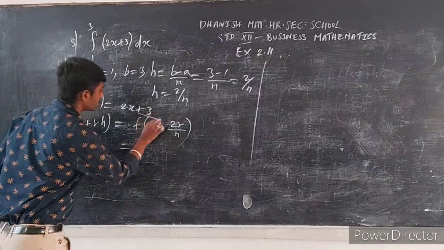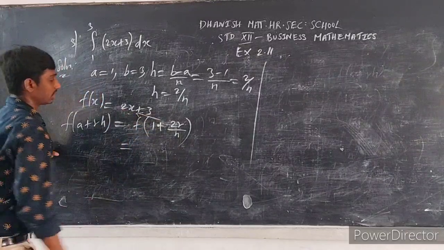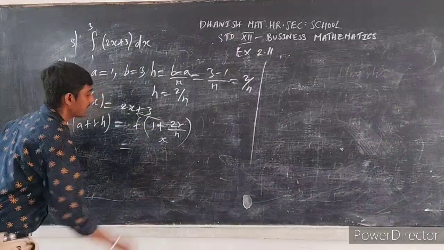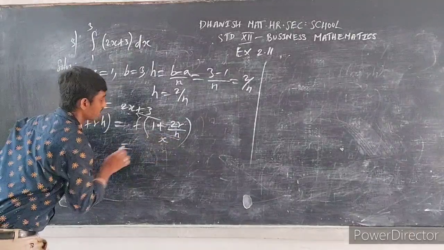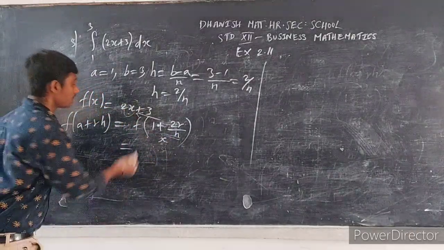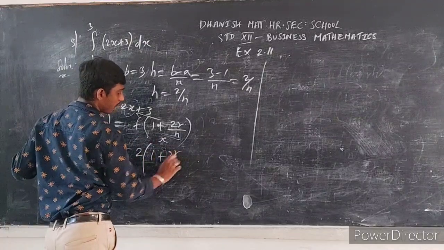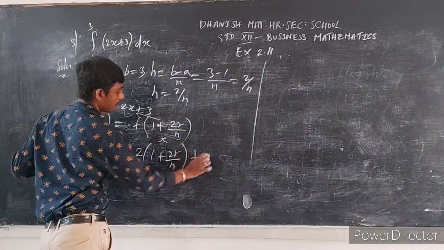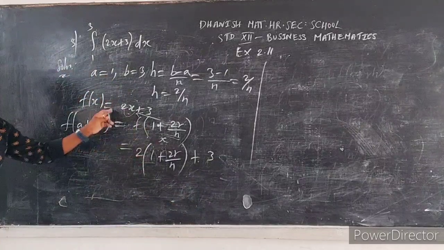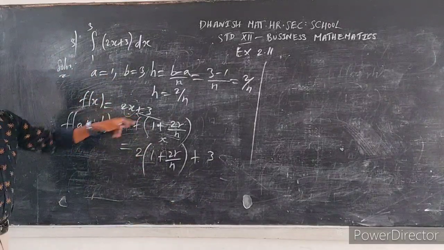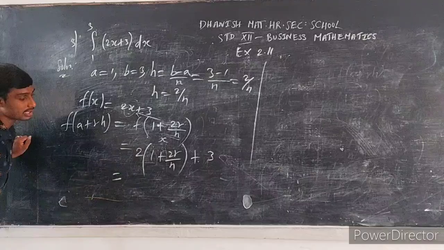Now I am going to substitute in f of x. This one is the x value. f of x means f of x, I am going to substitute with the x value. So let's say 2 into, what is the x value? 1 plus 2r divided by n, plus 3.